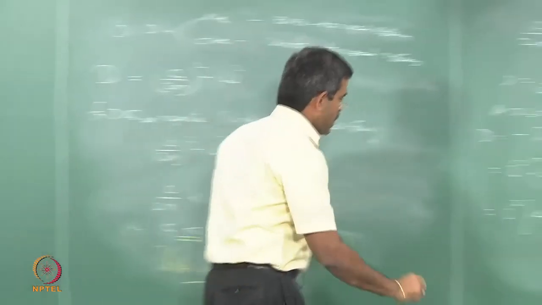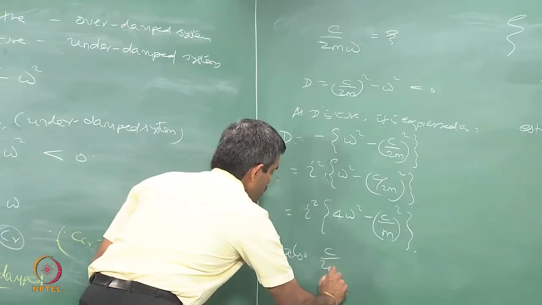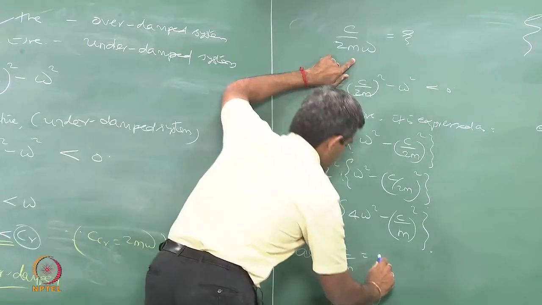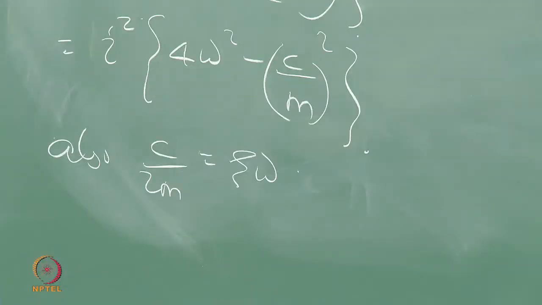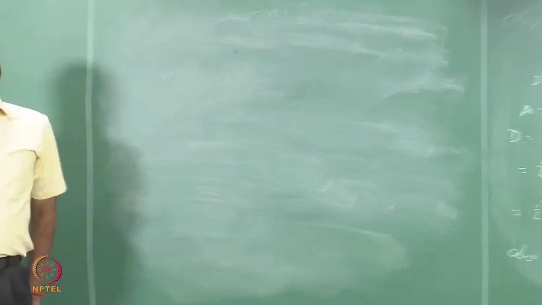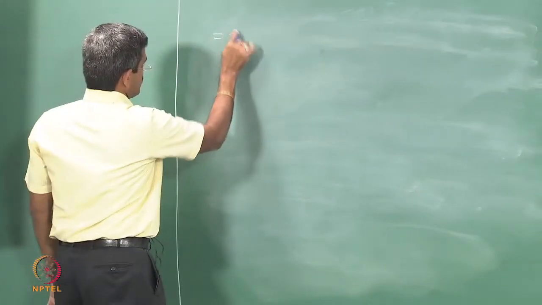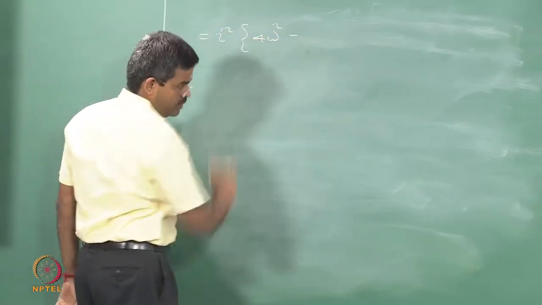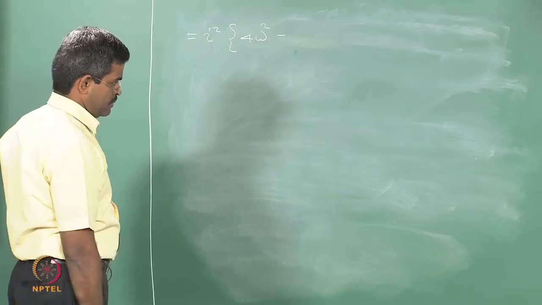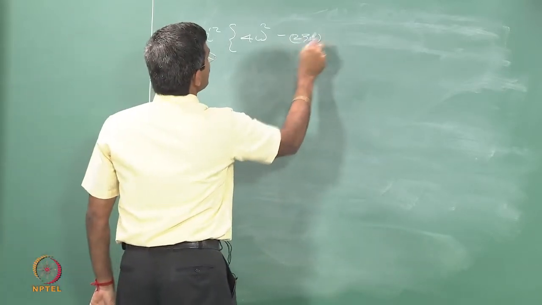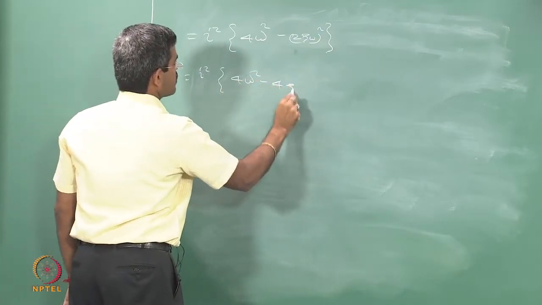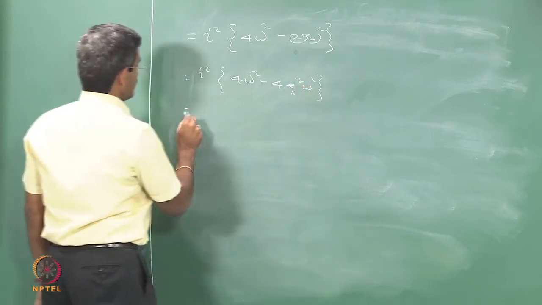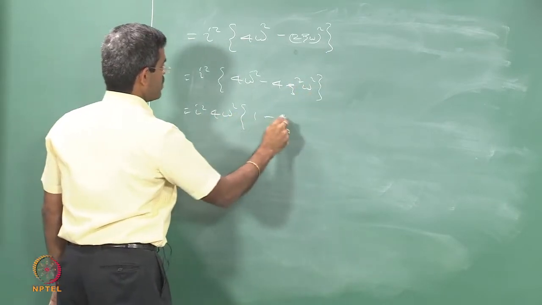We already know C by 2m is zeta omega, therefore, this can be rewritten as i square 4 omega square, 2 zeta omega the whole square, i square 4 omega square minus 4 zeta square omega square, i square 4 omega square (1 minus zeta square).